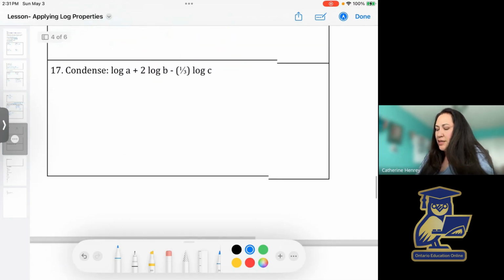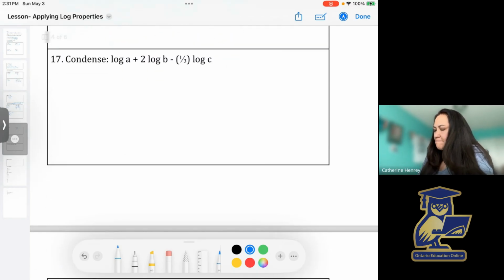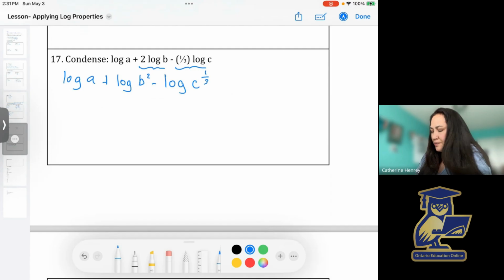We're going to try and condense number 17. So I'm going to start with these ones that have coefficients because I'm going to change them back to exponents. So we'll have the log of a plus the log of b squared minus the log of c to the power of 1/3.